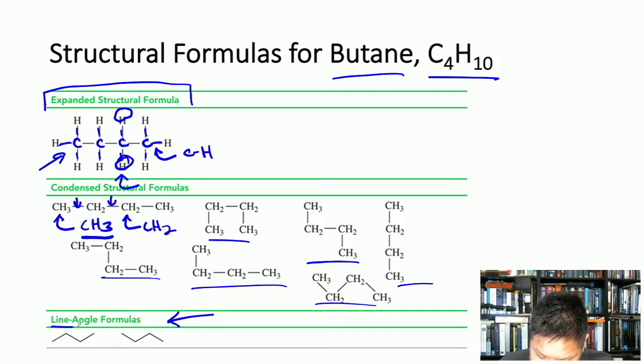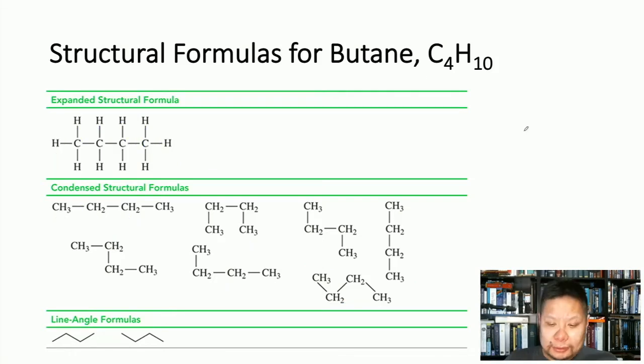And in the line angle formula, you don't have to draw any of the hydrogens or any of the carbons. So let me clear this and draw it over here so that you can see it better. If I draw a line angle structure or formula for butane, it's understood in organic chemistry when you draw this kind of formula that at the end, where there's no chemical or atomic symbol, that is a carbon.